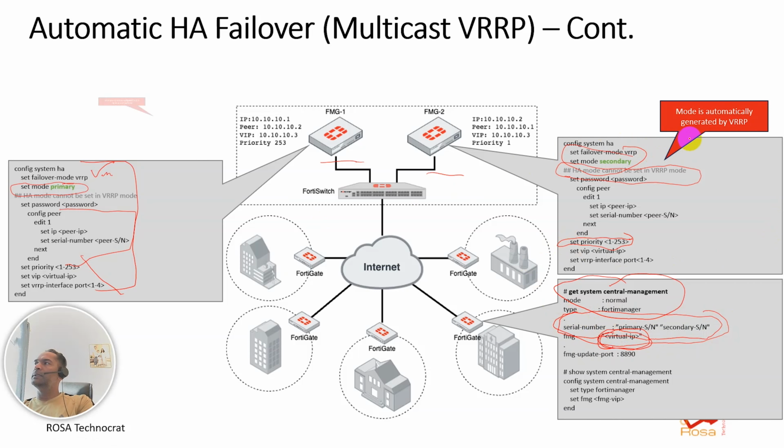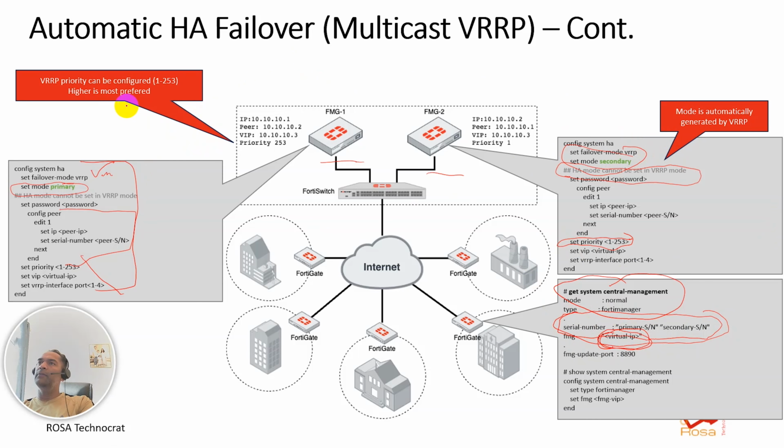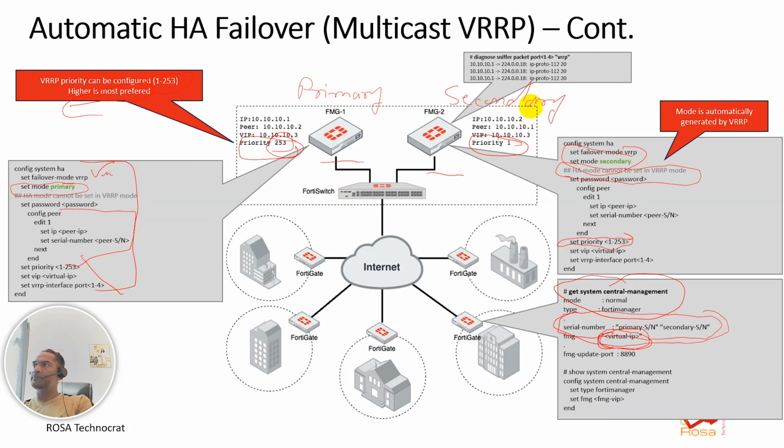Mode is automatically generated by VRRP and VRRP priority can be configured from 1 to 253. Higher is most preferred, so the one with higher priority is the primary and the other is secondary. Based on the priority, the box is chosen to become primary in the high availability.